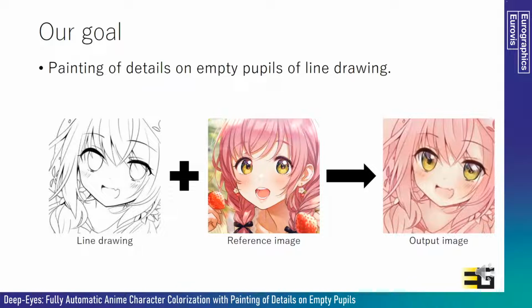We propose a system to paint the details in empty pupils during line drawing colorization, making it practical for illustration support. Our method can transfer pupil details from the reference image. I mean, pupil details are details of pupils in reference images such as in the middle figure.